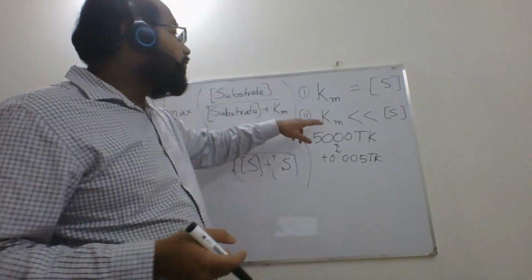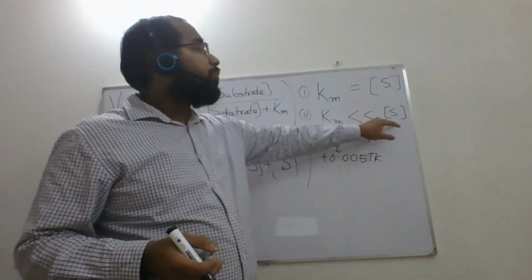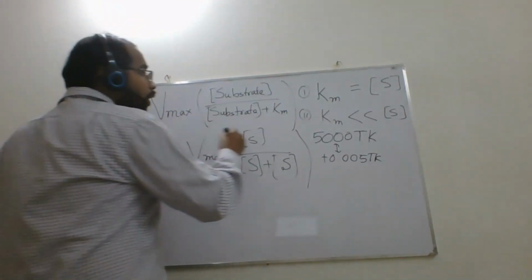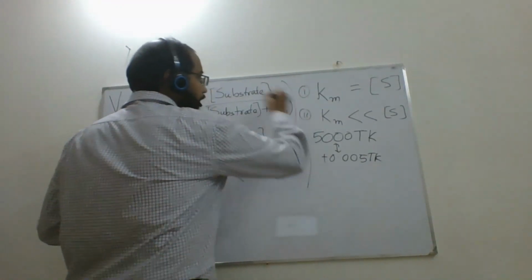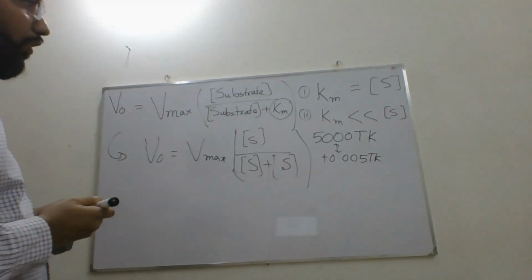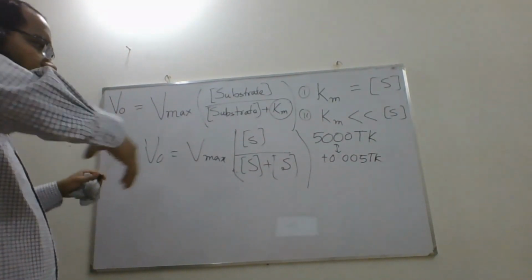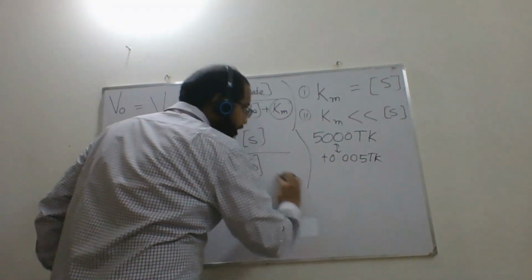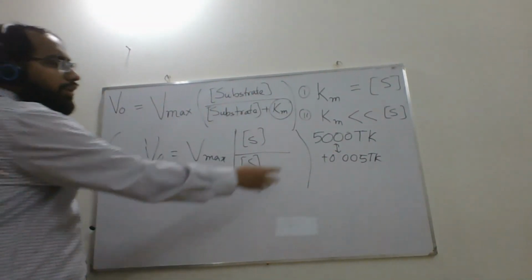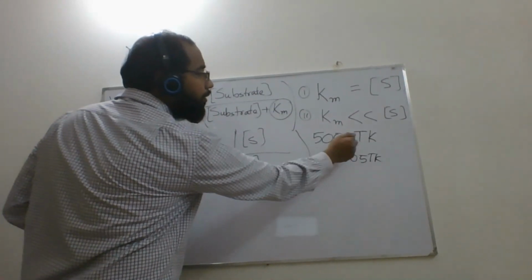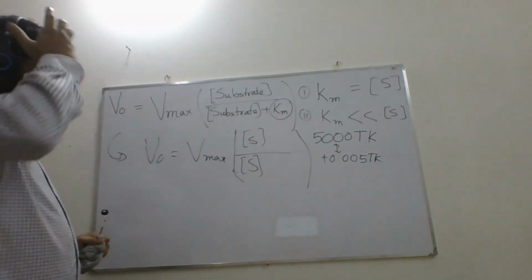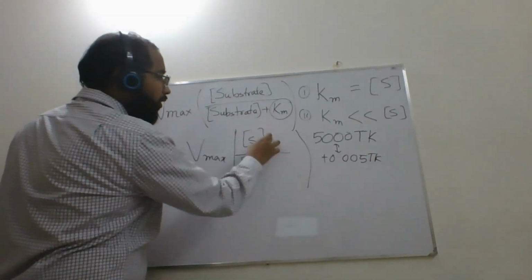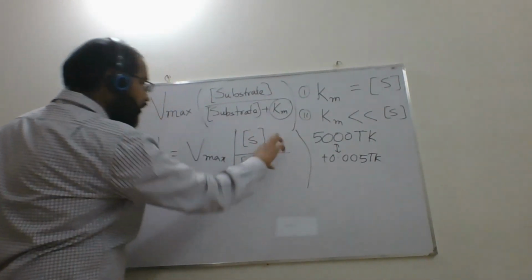So if Km is very much smaller than S, then we can omit the value of Km from this equation. There is no impact of Km, because it is a very negligible amount compared to this one. Okay, now what will happen?